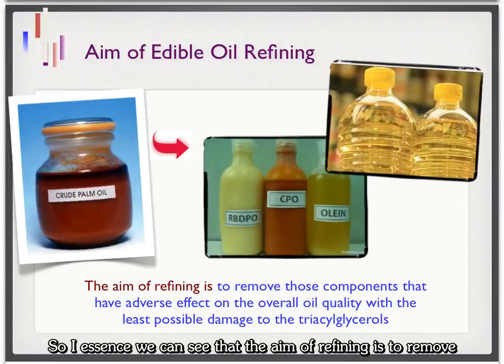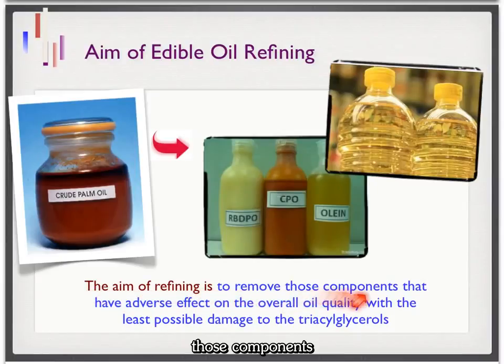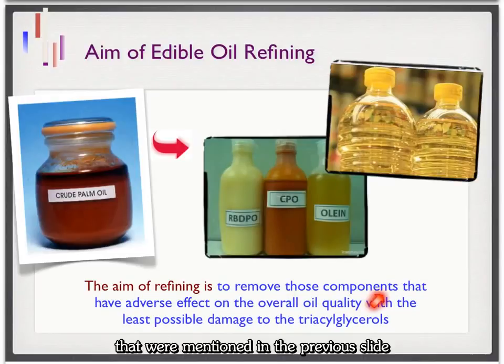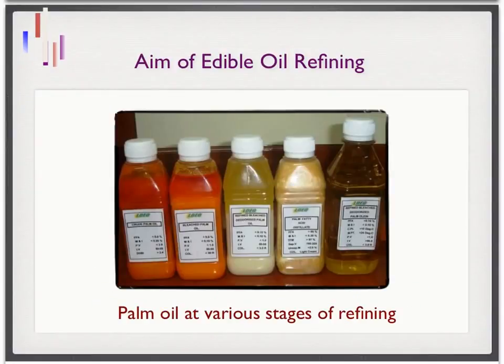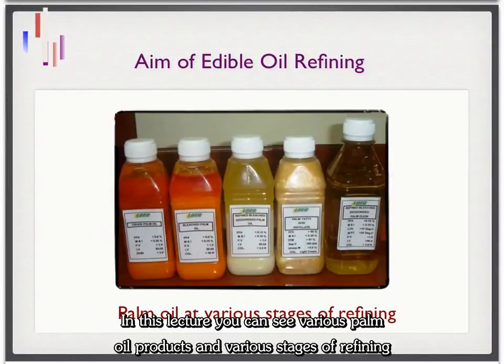So in essence, we can say that the aim of refining is to remove those components that I mentioned in the previous slides that can have adverse effect on the overall oil quality with the least possible damage to the triacylglycerol.